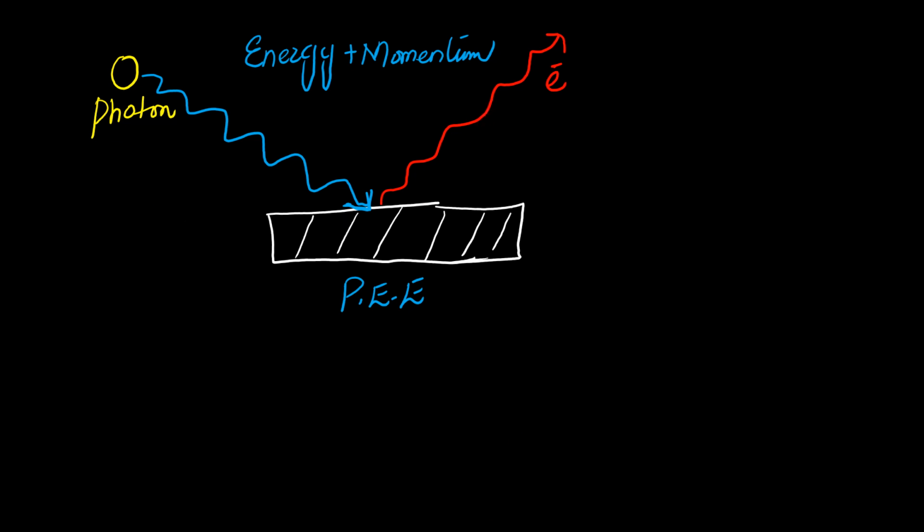In X-rays, suppose that this is a highly energetic electron. In X-ray production, a highly energetic electron falls on the surface of a metal. Consider this as the surface of a metal. As you know, the surface of a metal has bound electrons.